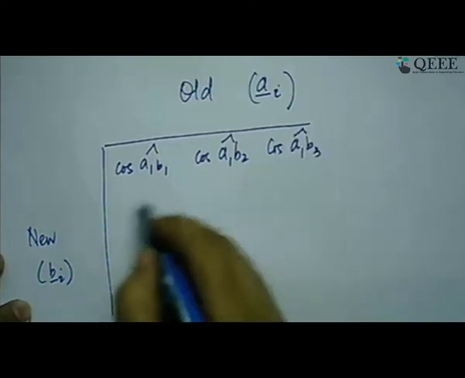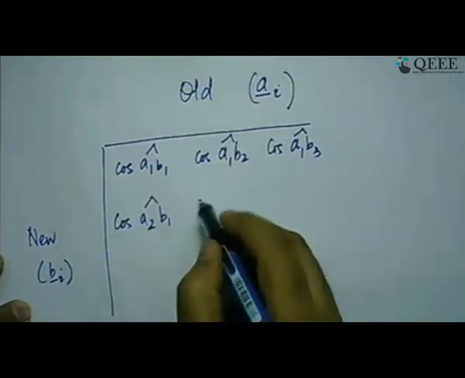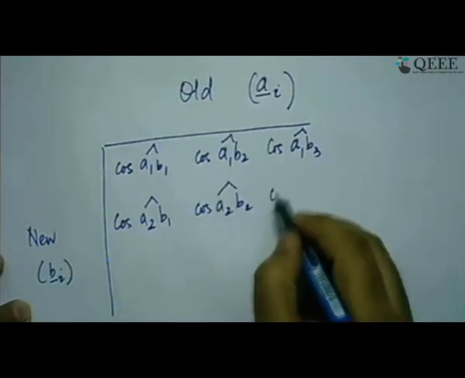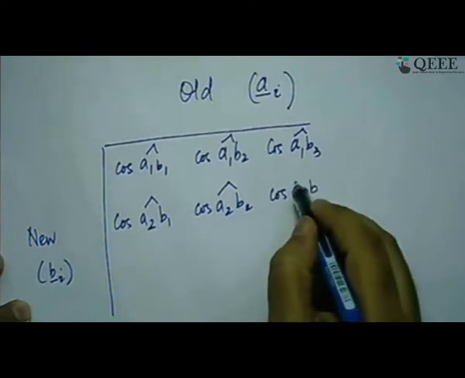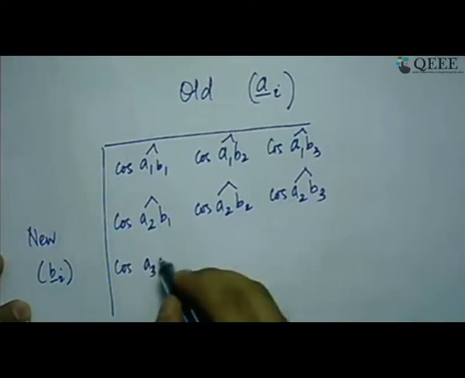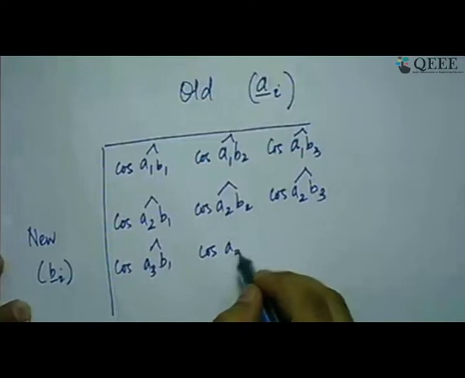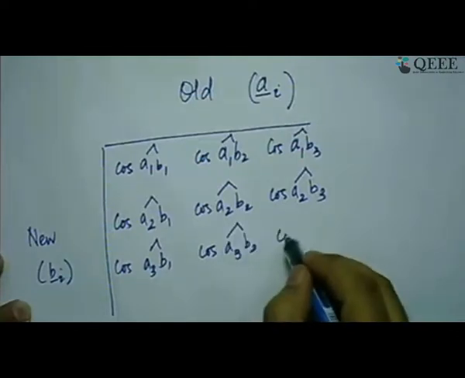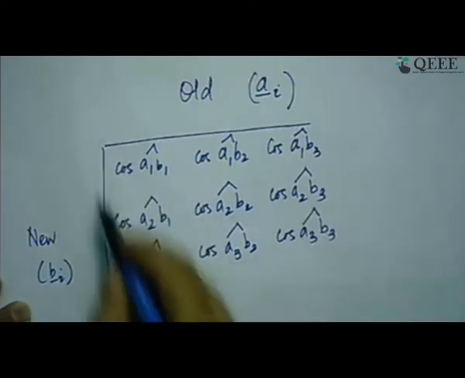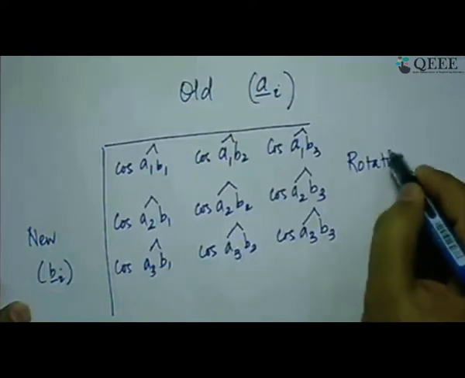Similarly, cosine of the angle A2 versus B1, A2 versus B2, A2 versus B3, and cosine of the angle A3 versus B1, A3 versus B2, A3 versus B3. So this matrix is known as the rotation matrix.